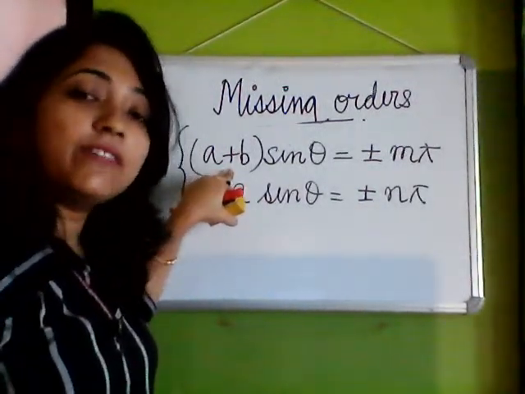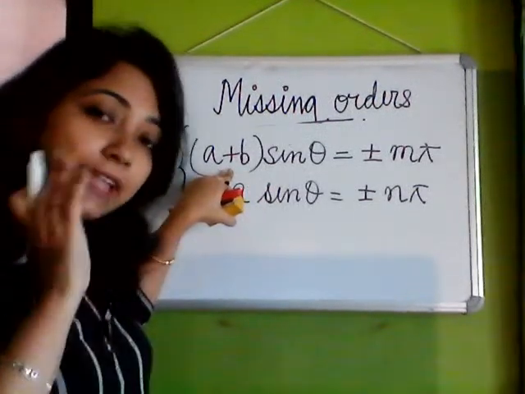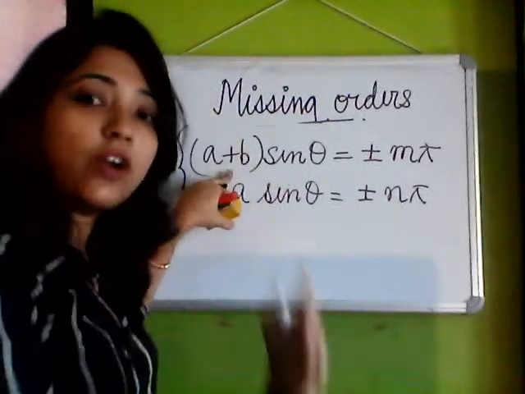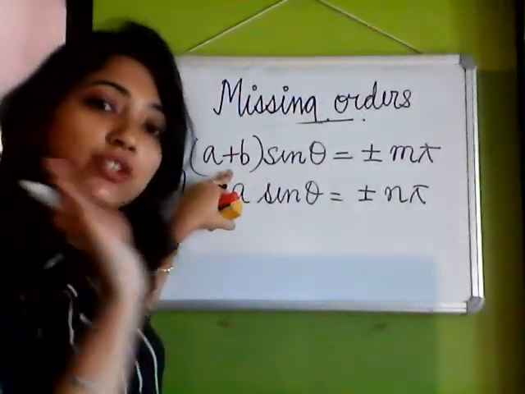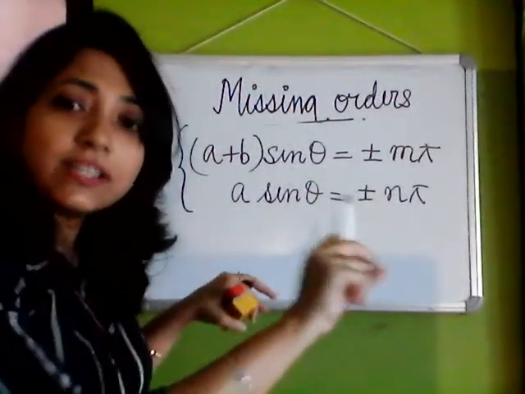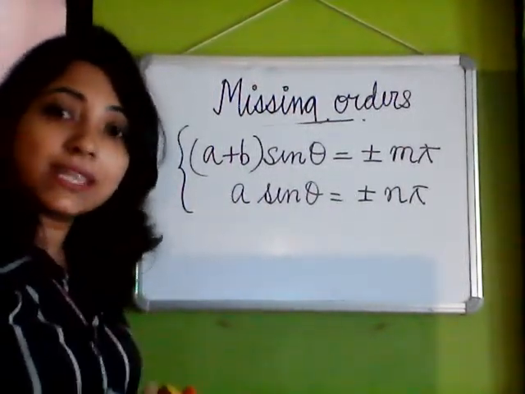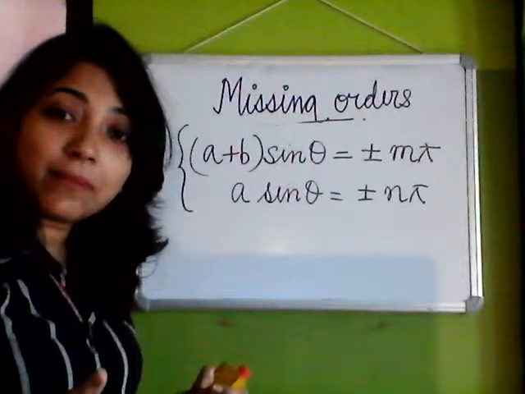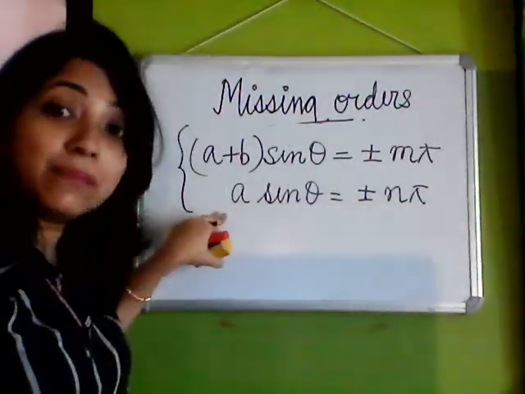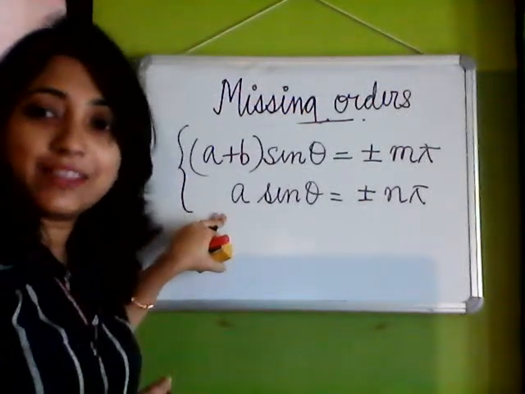So if interference is telling me that I will be getting order number 2, order number 3, order number 4, when I actually observe it, I will see that a few of those expected orders are not seen. And who has taken them away? It is the diffraction minima condition which has taken them away.